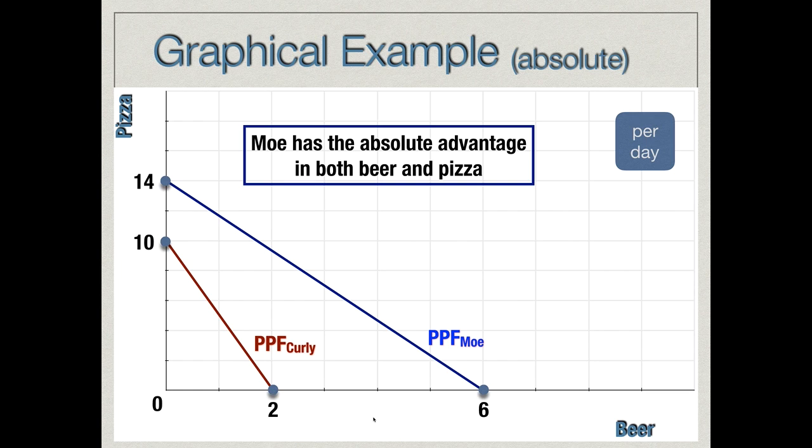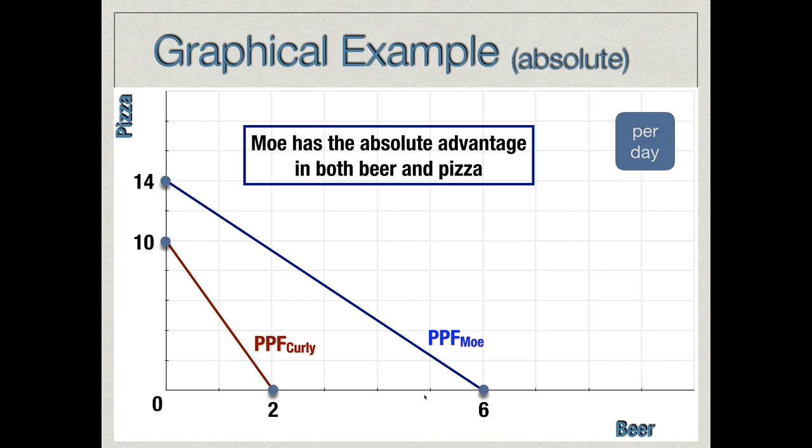So if we take a look at this, we see that Mo is more efficient at producing pizza and beer relative to Curly, as evidenced by the fact that Mo can produce 14 in a day when he's exclusively producing pizza, while Curly can only produce 10 pizzas a day when exclusively producing pizza. So Mo has the absolute advantage in pizza production.